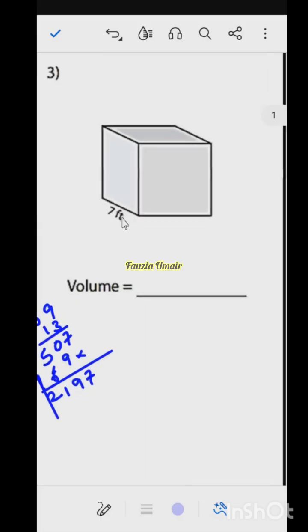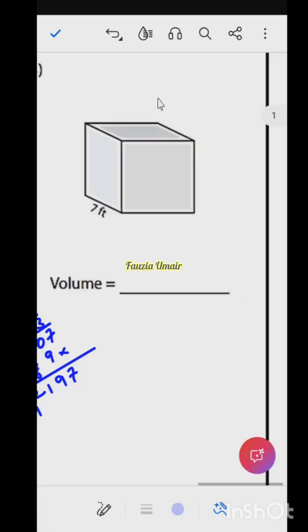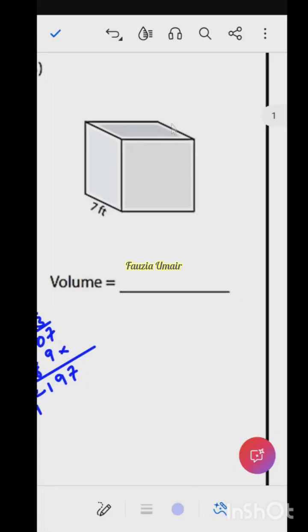There's a cube with one side 7 feet. FT stands for feet. Feet, singular is foot.